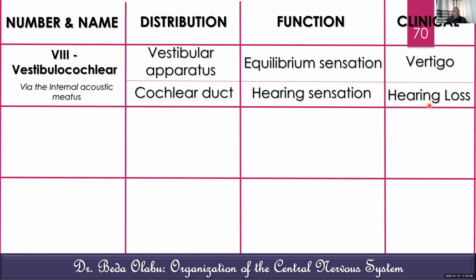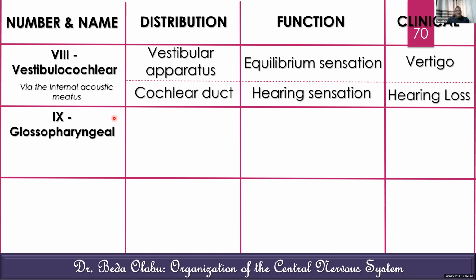Then the sensory neuron hearing loss is the hearing loss that a patient gets if there is injury to the receptor for hearing, like in this case, and the neuronal pathway that conveys hearing sensation. So if the cochlear nerve is injured, we'll have the sensory neuron hearing loss.